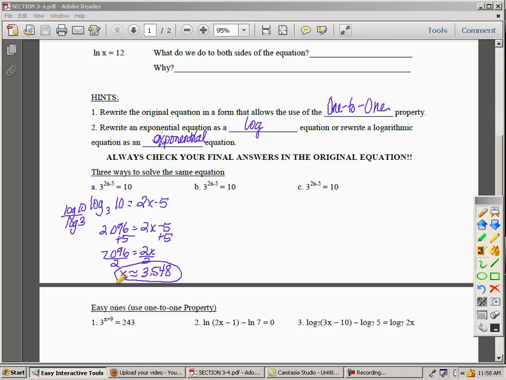The second method, what we can do is, because this is a base of 3, I can just log both sides with a base of 3, so that I get this expression equals the log base 3 of 10. So because this is a base of 3, I can log base 3 both sides, because this base of a log will cancel, and then I have 2x minus 5 equals the log base 3 of 10, and guess what?